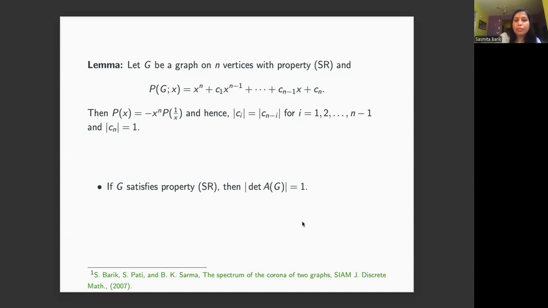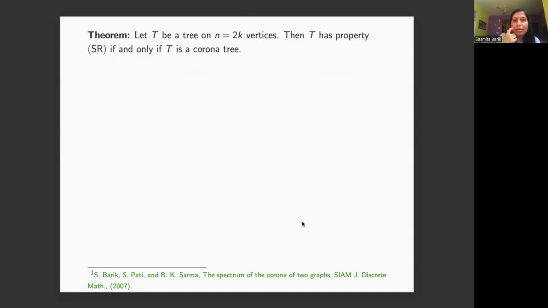Using this result for the coefficients of the characteristic polynomial, you can prove that if you take a tree, T will satisfy property SR if and only if it's a corona.